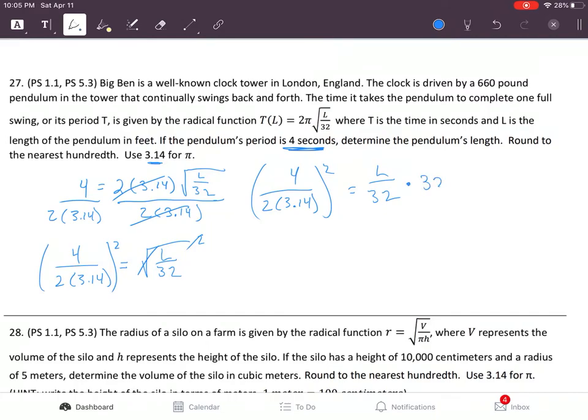And now to get the L by itself, we're multiplying by 32 on both sides. Okay, so L is equal to 32 times 4 over 2 times 3.14, all being squared. Now is when you do the actual calculation. Just put that in the calculator just the way it looks, and you'll get 12.98.